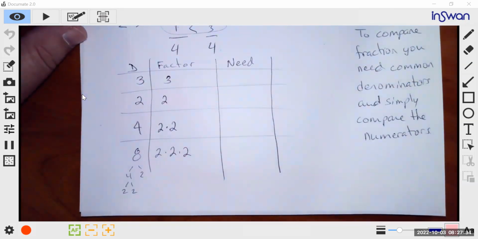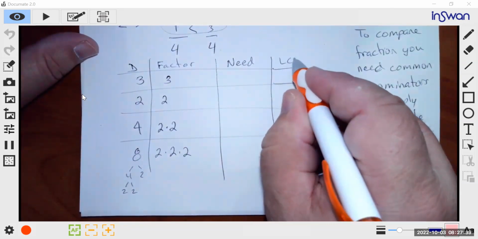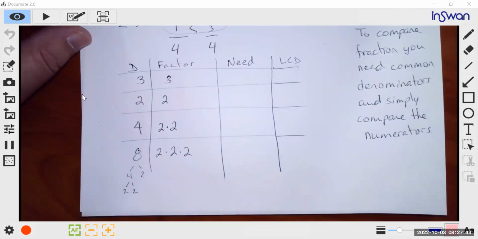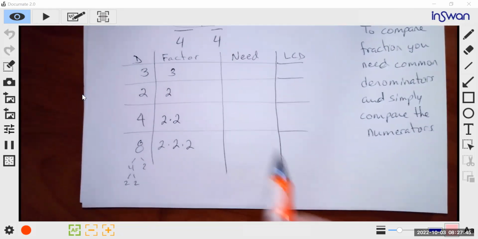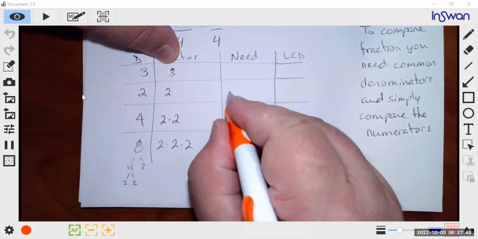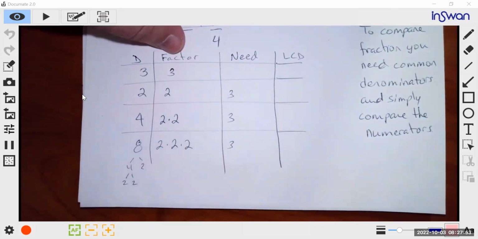Now let's figure out what we need to make them all equal. So this one has a 3. None of these other ones have a 3, so they all need one 3. Now all of them have one 3.